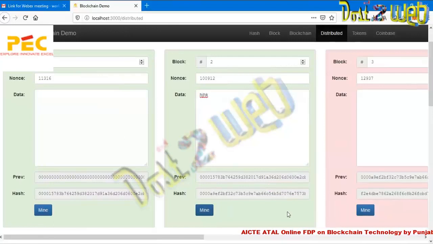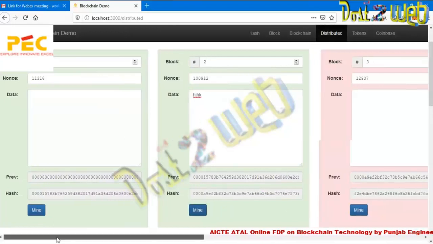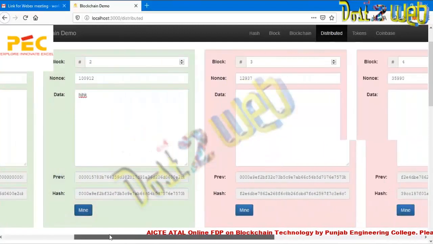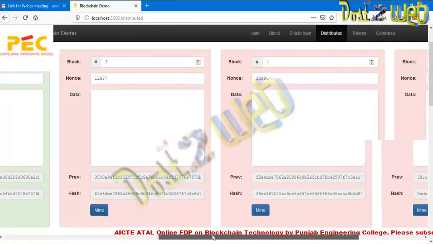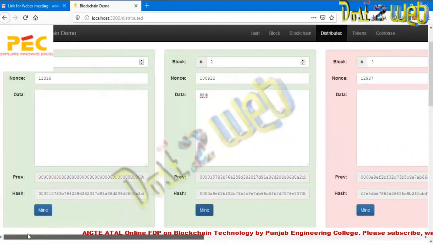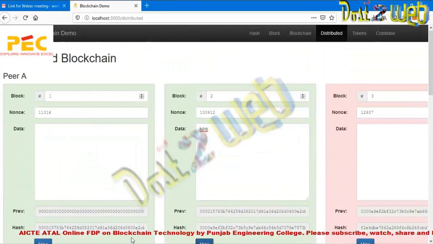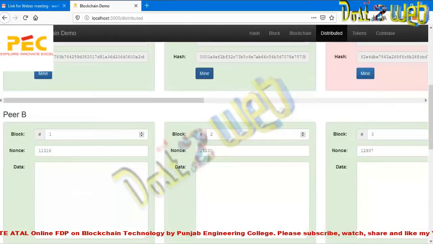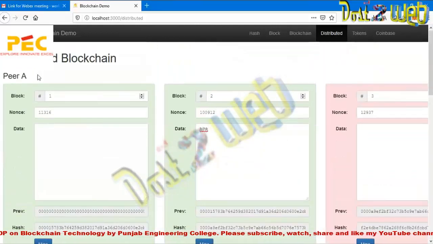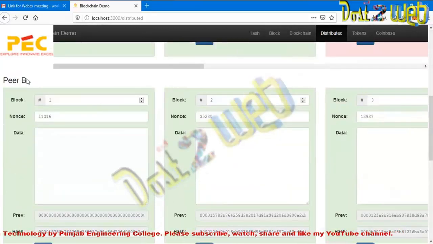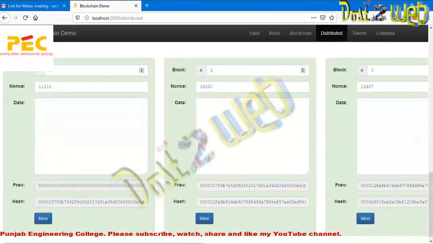In order to perform any malicious activity, peer A will have to re-mine all these blocks. It is a very high amount of computation, right? Again, even after he mines all these blocks, the work will still not be done. Why? Because the copy of the blockchain saved with peer A will not match the blockchain copy saved by peer B as well as peer C, right?